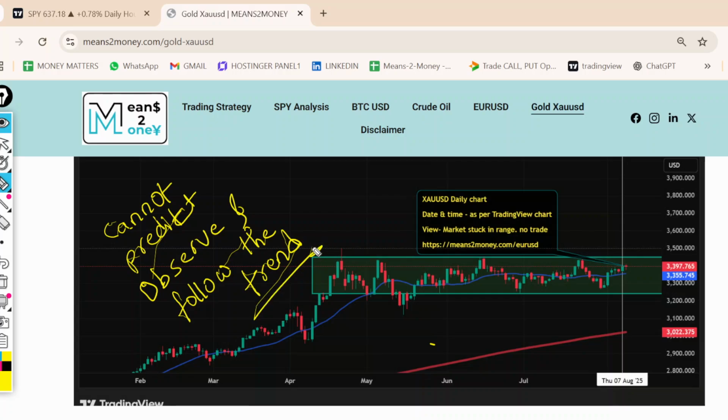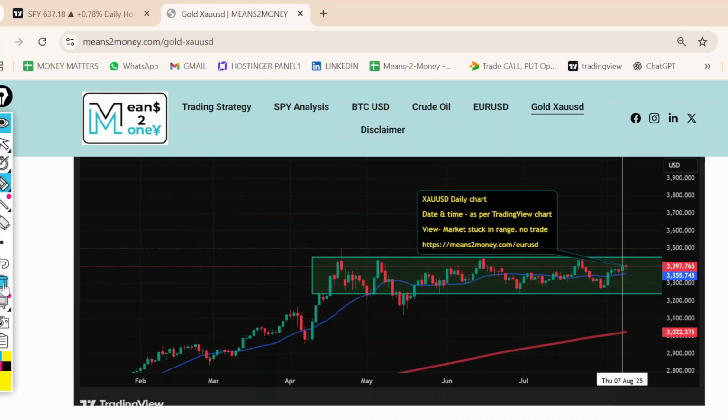So we are not in the business of predicting market. We don't have any crystal ball. We just have to observe the market and follow the direction of the trend. Because if we follow the trend, we will be more right than wrong, and our chances of making money are more. So basically a game of probability.